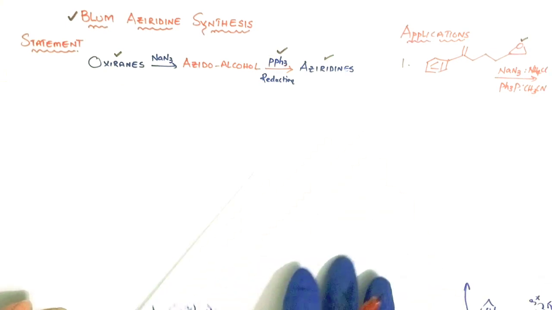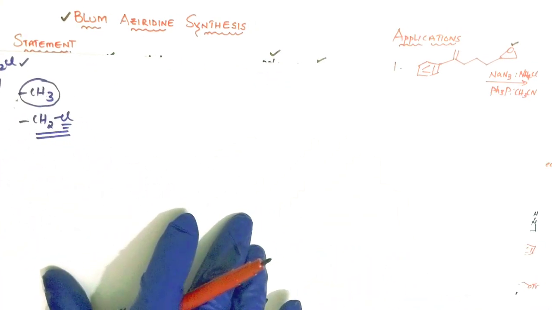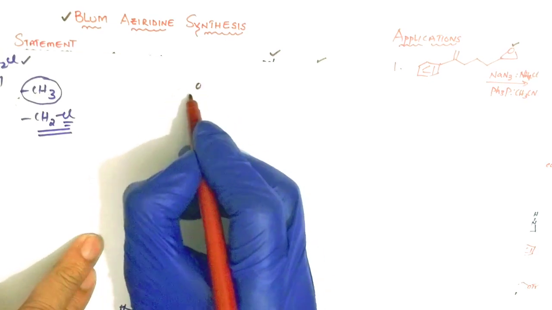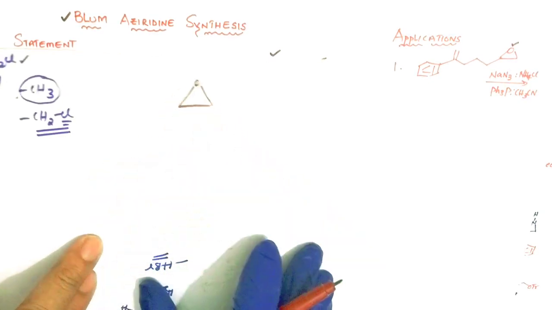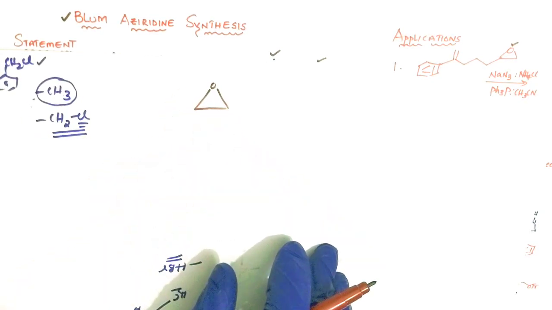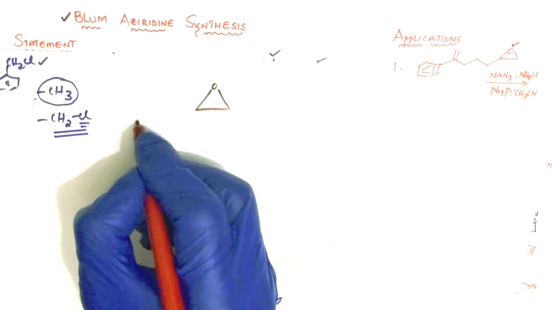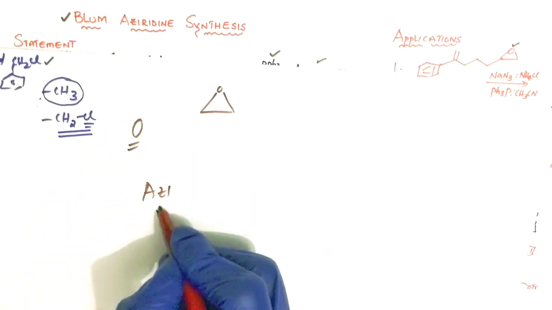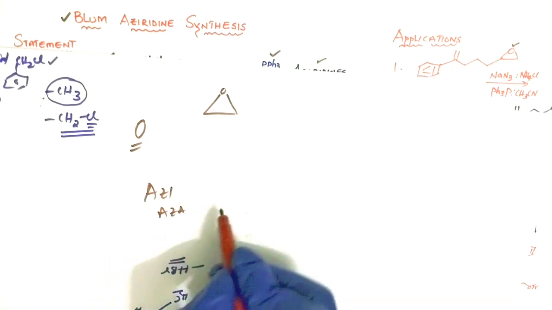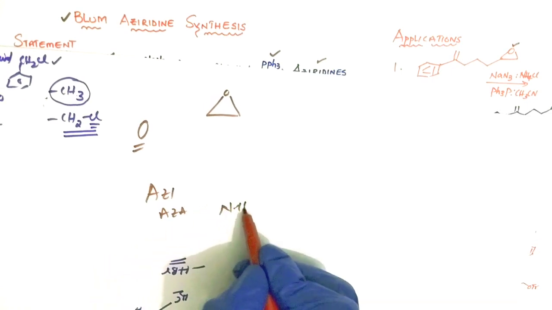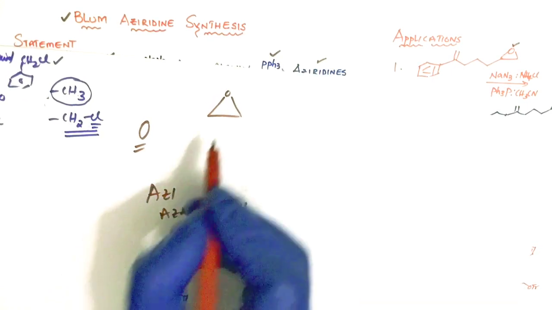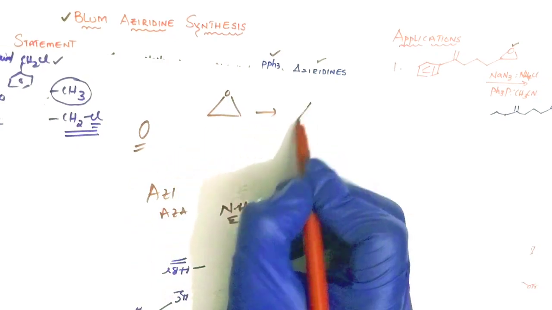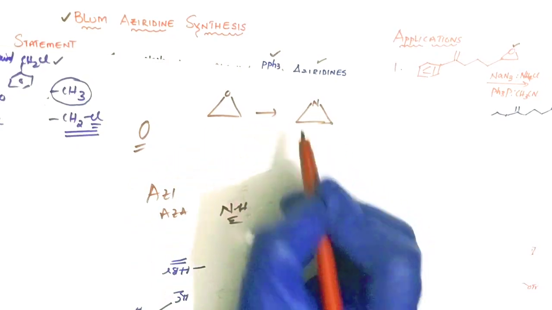Okay, so if you see, oxirane means what? It is a three-membered cyclic compound with an oxygen atom. Oxirane, oxa. Next, aziridine means aza. Aza means NH. So oxygen is going to be replaced with nitrogen.